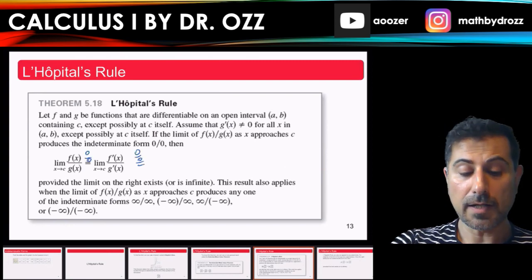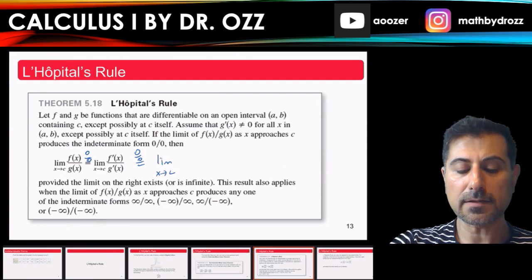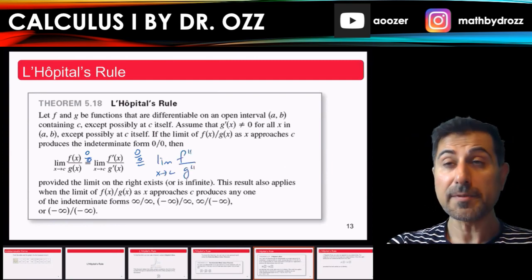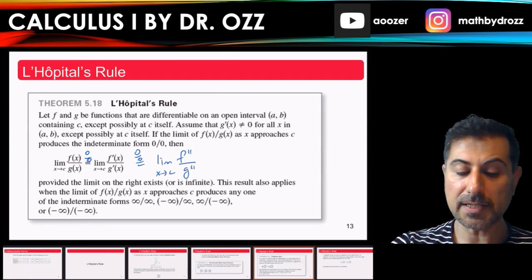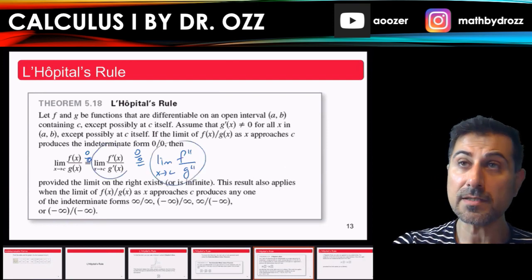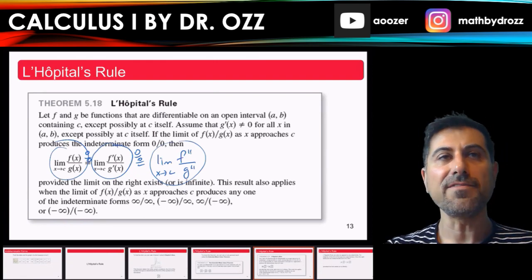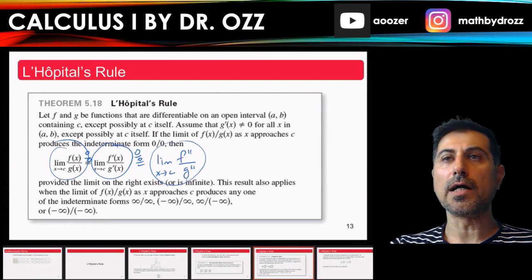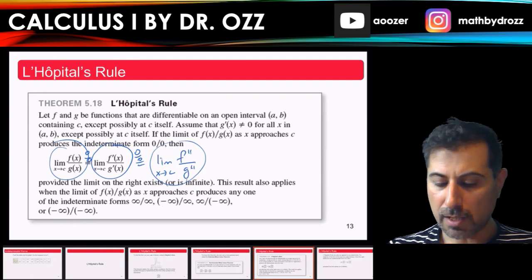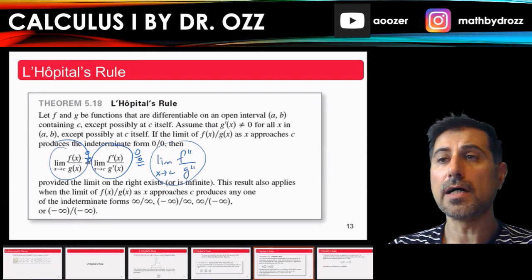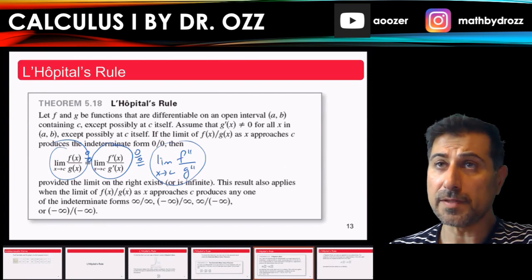That's fine. And this time, I'm going to look at f double prime divided by g double prime. If this limit exists, then this limit as well is equal to this limit as well as this limit. Okay, so this is a very, very, very strong result. And we're going to apply it to different examples.